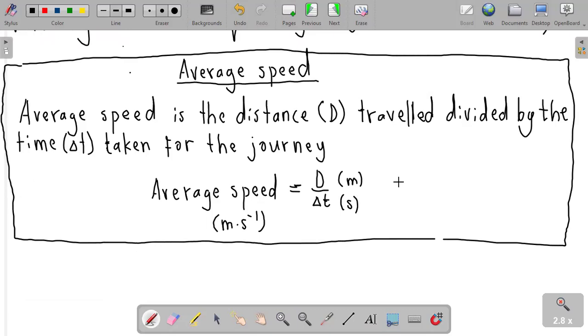In terms of symbols, we're going to say V average equals d over delta t.